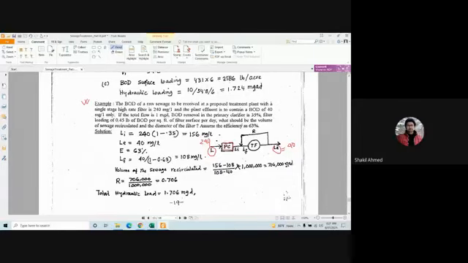Okay, how much? 35%. So 35% will be removed here. So what is Li? Tell me, what is Li? 35% of L will be removed in PC. Then what will be Li?